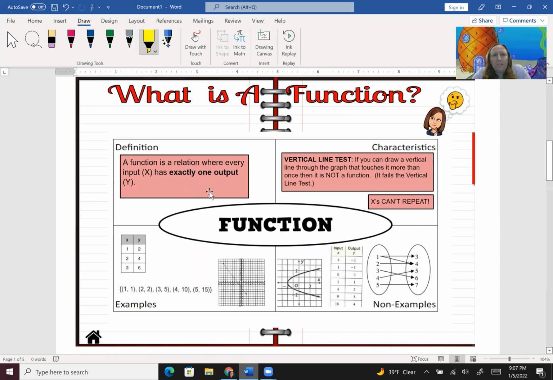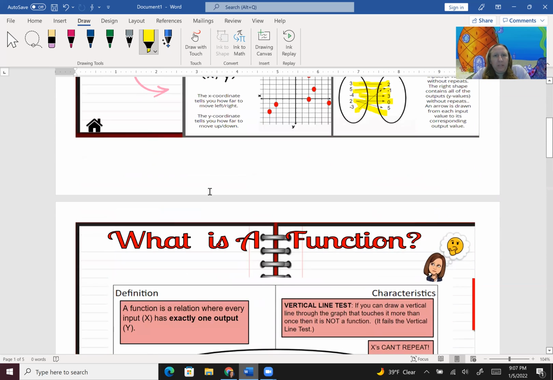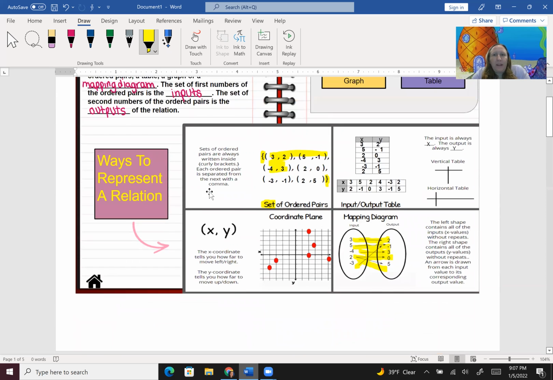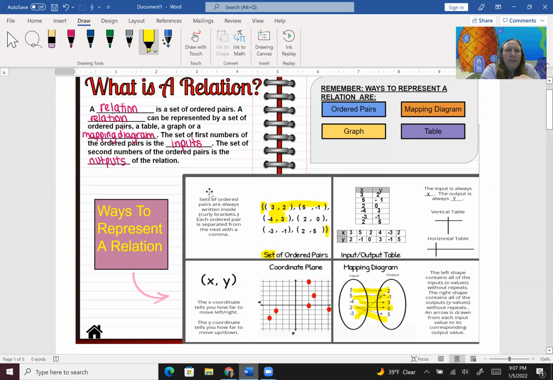Okay, so if I go back to our one that we did before, this one actually is not a function, because if I go back to that mapping diagram, we talked about how 2 went with 0, but 2 also went with 5. The input of 2 had 2 different outputs. So that is not a function.